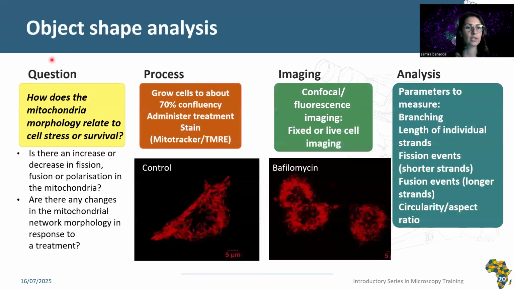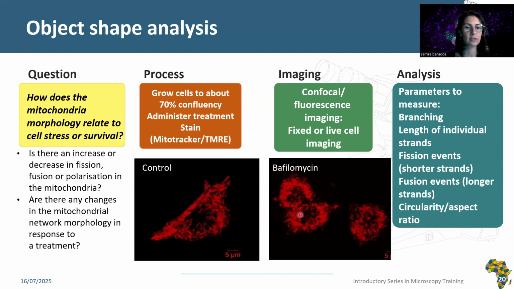So for the shape analysis, we want to address the question: how does mitochondrial morphology relate to cell stress or survival? So we grow cells to about 70% confluence, stain with MitoTracker Red, and apply different drugs, for example bafilomycin.